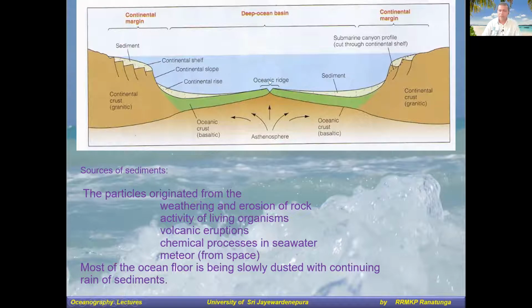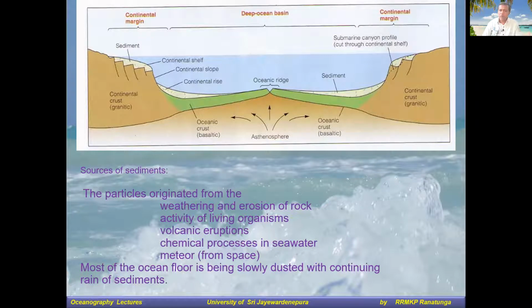We discussed last week sea floor spreading, where new sea floor is formed from the mid-ocean ridges. That means they also give some sediments. When the material comes to the surface, it also becomes a sort of sediment, so they also add new sediment to the ocean bottom.